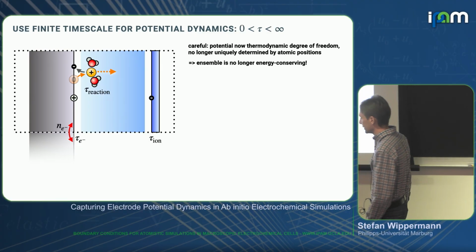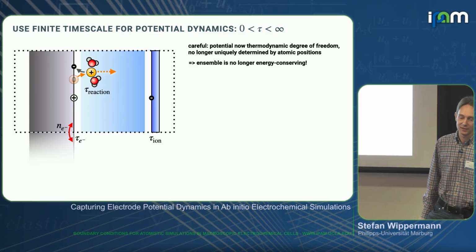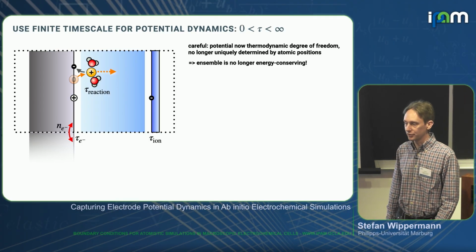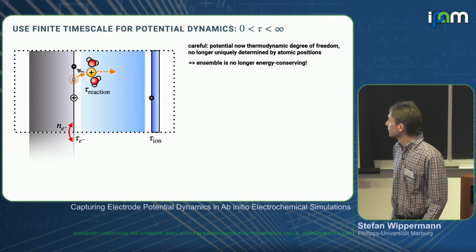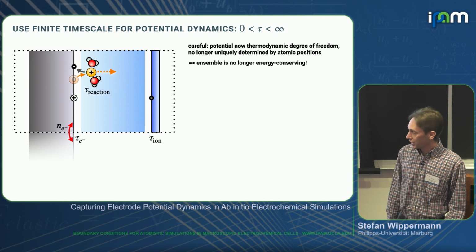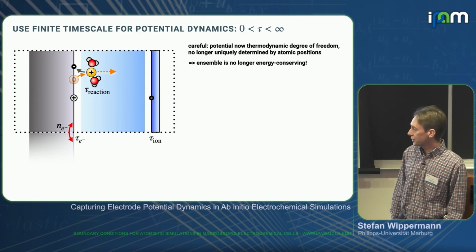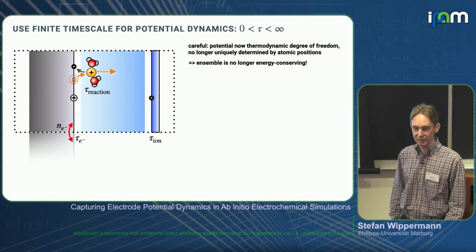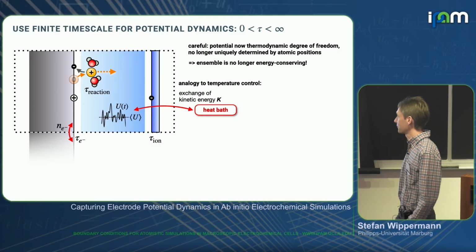But what does it mean? When you choose a finite time scale, this means that the potential and the charge is now a thermodynamic degree of freedom. So the potential is no longer uniquely determined just by the atomic positions. And the ensemble is no longer energy conserving. It's a situation that we know.